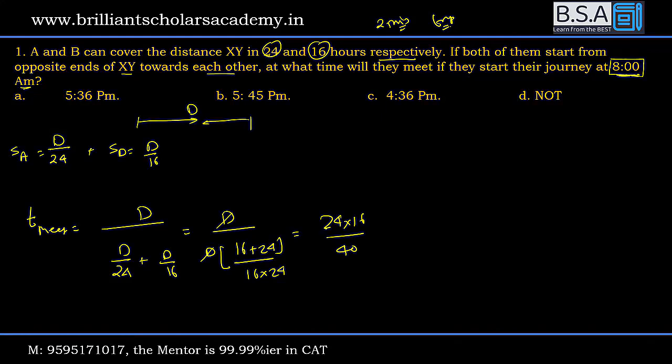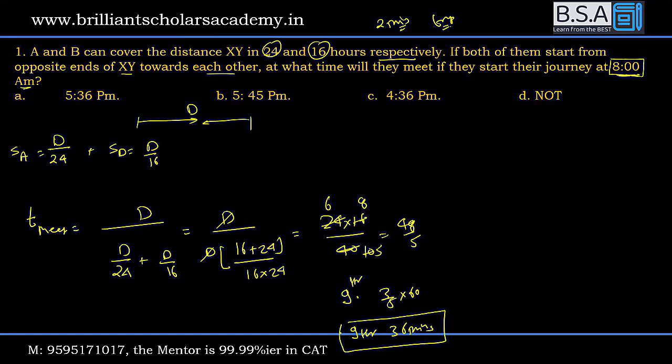So some calculations are required. 4 into 6, 4 into 10, 2 into 8, 2 into 5. You have 48 upon 5, which is 9.6. This is hours. You multiply 60, it will become minutes. So 9 hours and 36 minutes.